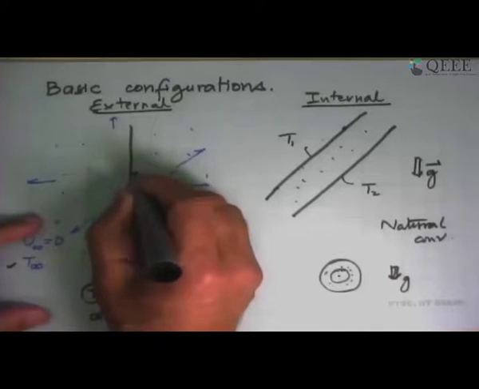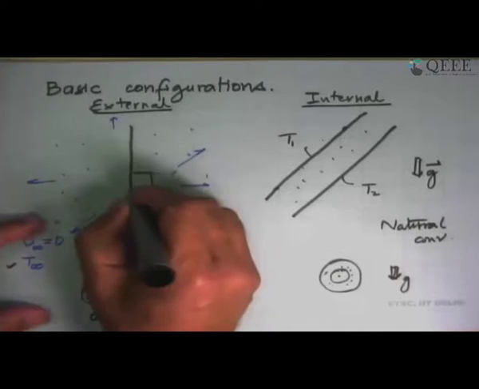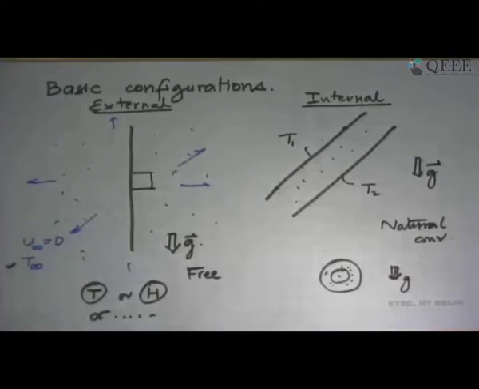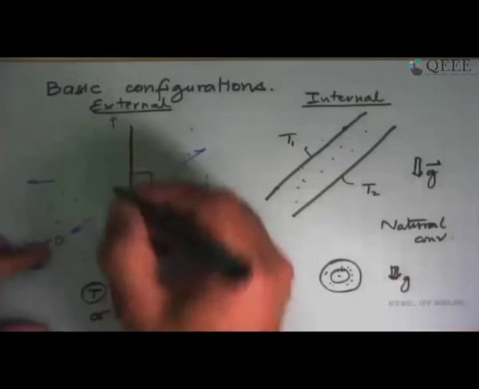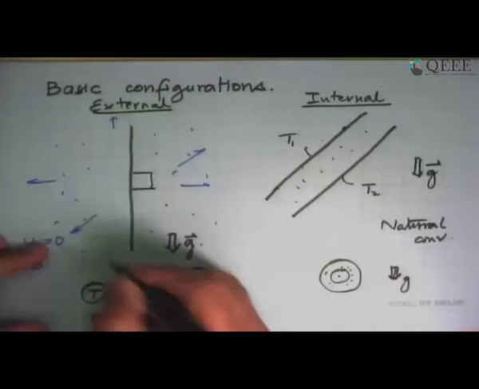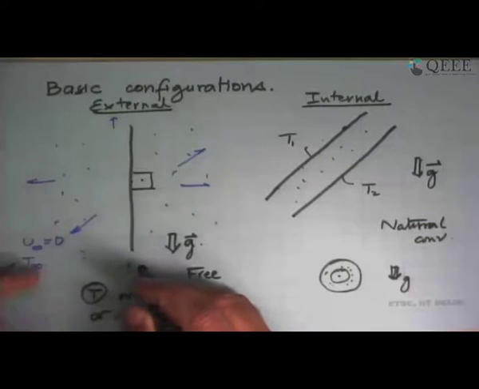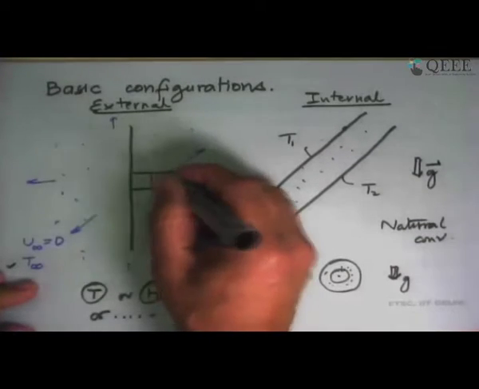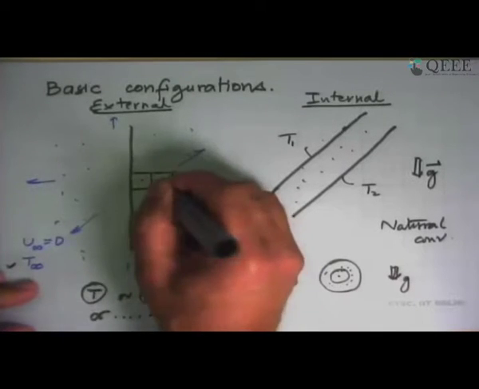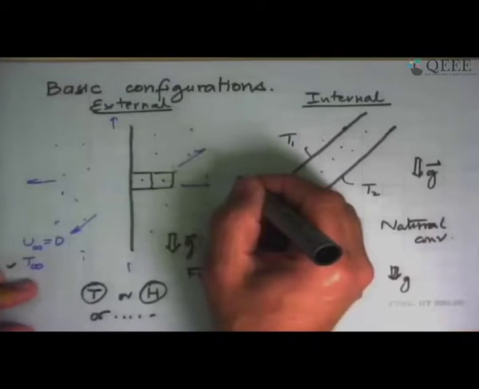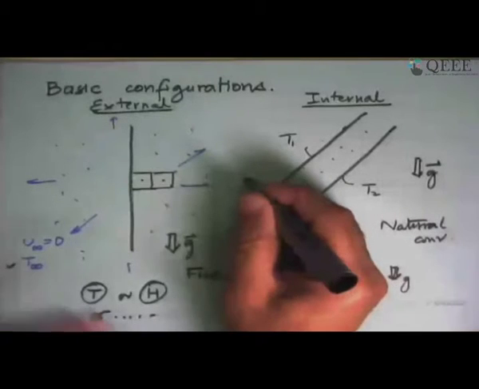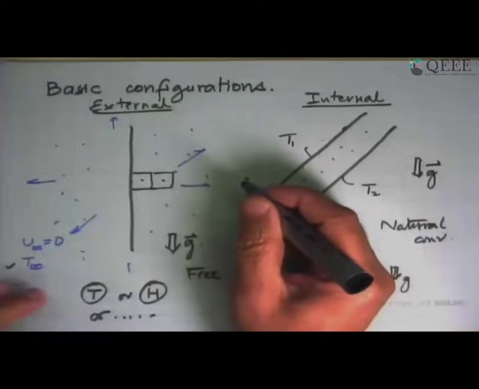Is that if we take an element, say here, if the wall is hotter than the fluid, this element which is in contact with the wall will go to the wall temperature. The fluid element next to that will be at a slightly lower temperature, and as you go away, finally the element here will be at the ambient fluid temperature.